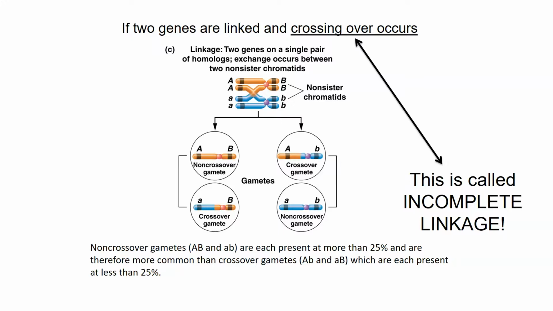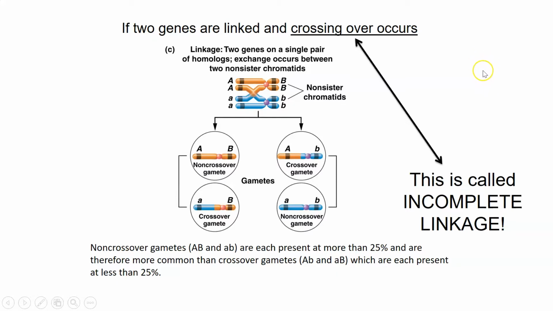And so the non-recombinant types, big A, big B, and little a, little b, will sum to be more than 50%. And the crossover types, the recombinants, will be present at less than 50% sum. Okay? So that's kind of a general overview of the 3 possible outcomes of a cross.